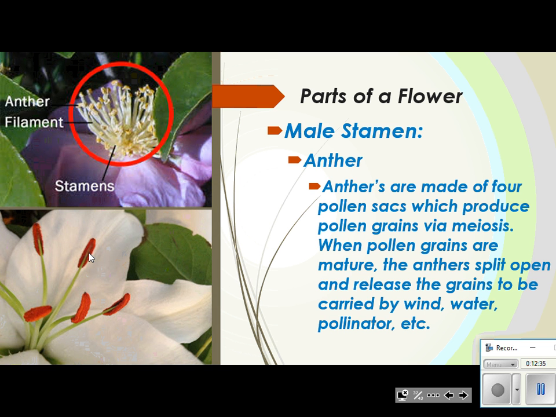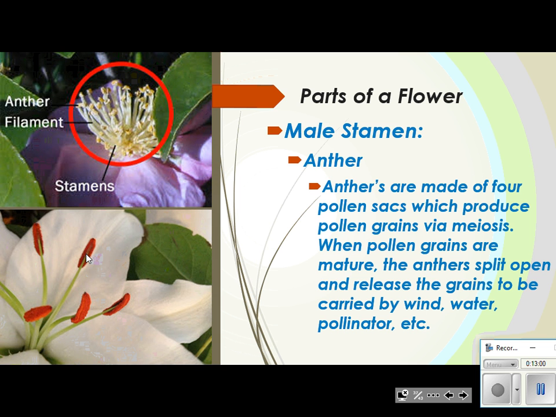So when do you hear people say, ooh, the pollen's really, really high? In the springtime. Why? That's when this stuff is going on, right? That's probably the biggest time of the year when these flowers are releasing pollen.